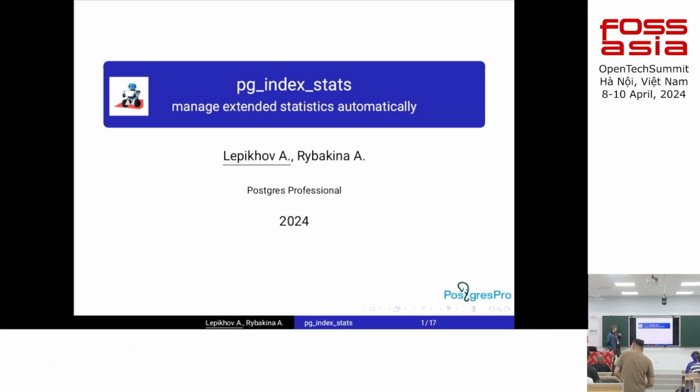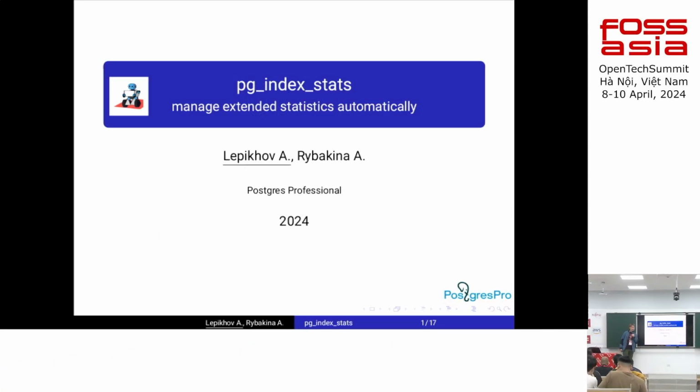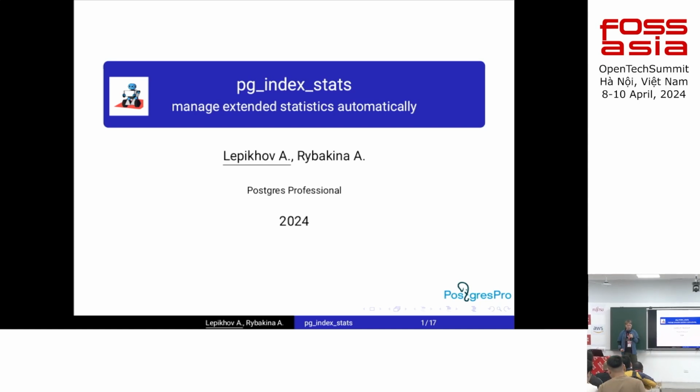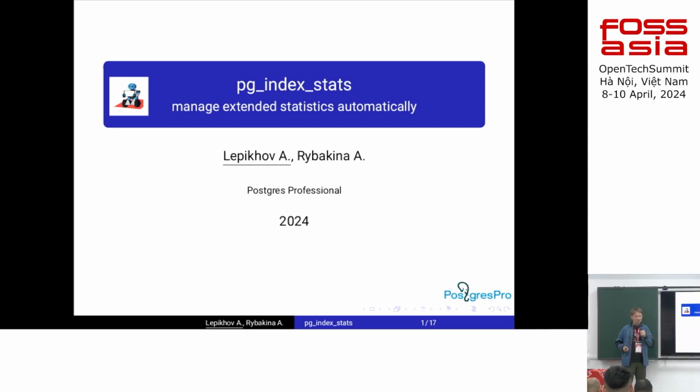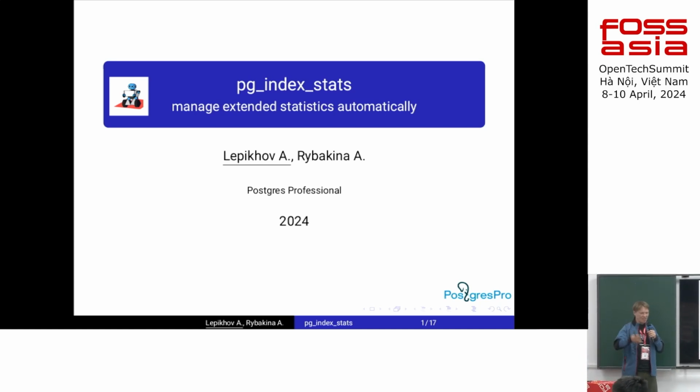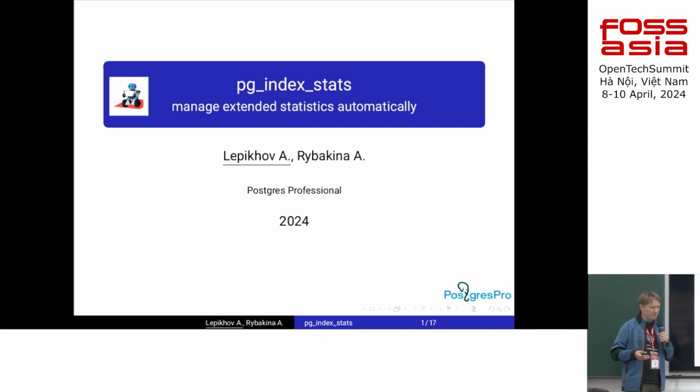I would like today to talk about extended statistics and our new extension, which we designed for free to nudge a discussion in the community about statistics and how to improve it.